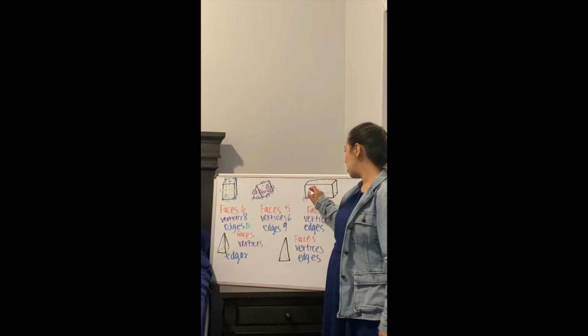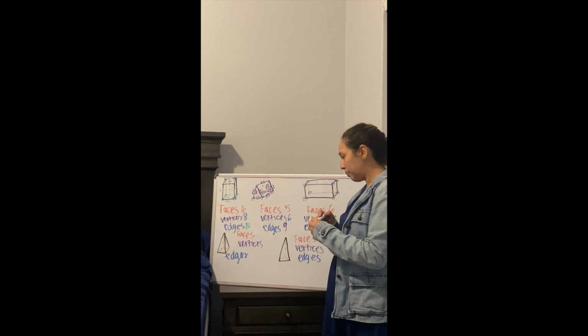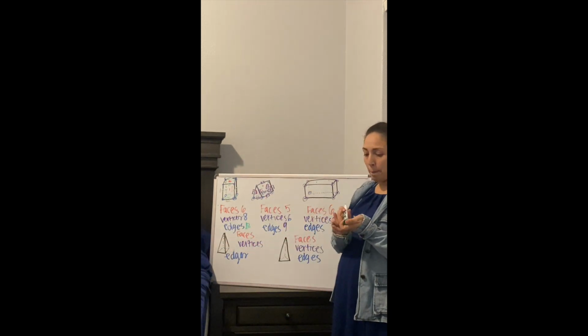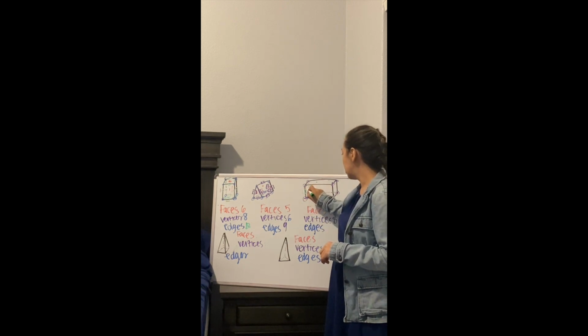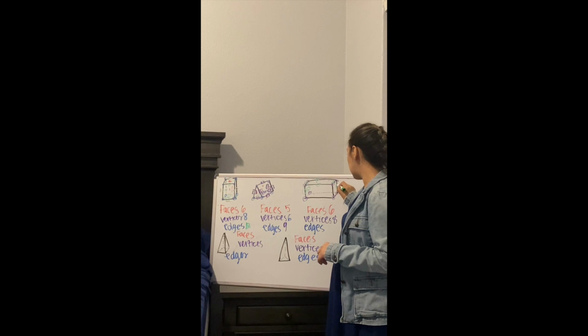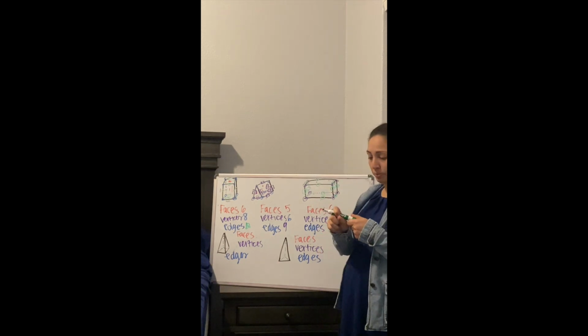So 1, 2, 3, 4, 5, 6, 7, and then 8. So 8 vertices. And now let's do our edges where the 2 faces meet. So we have 1, 2, 3, 4, 5, 6, 7, 8, 9, 10, 11, 12. We have 12 edges on that one.